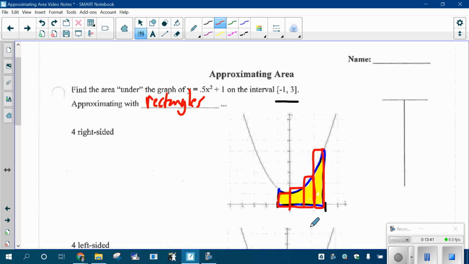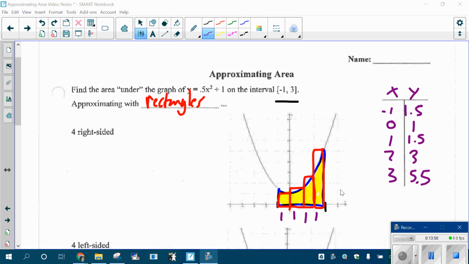Okay? Then I actually find the area of those rectangles. Those rectangles are all 1 wide. But I have to figure out how tall they are. That's where a table comes into play. It's helpful. Okay, so if you look at this little table, we have 1 rectangle that's 5.5 high, 1 rectangle that's 3 high, 1 that's 1.5 high, and 1 that's 1 high.